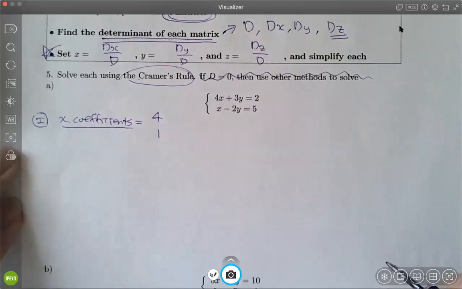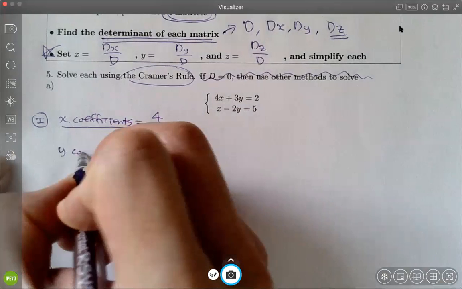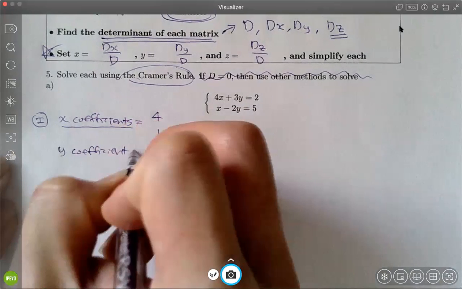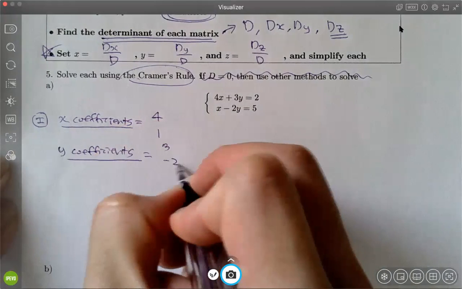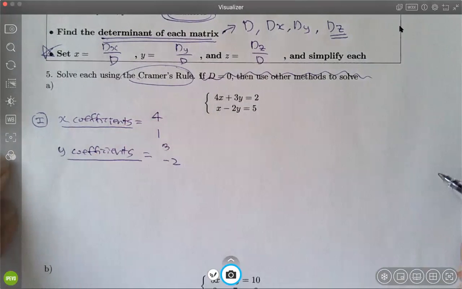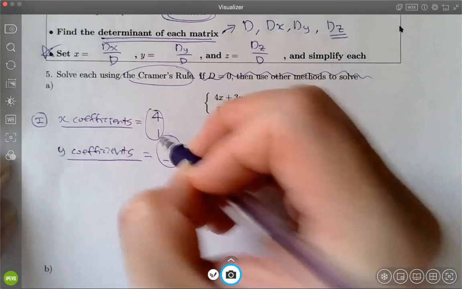Well, you'll see. The y coefficients are 3 and negative 2. So 4 and 1 go to the first column of a matrix, and 3 and negative 2 go to the second column.